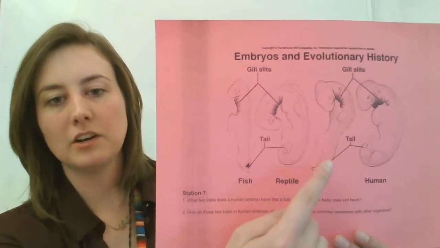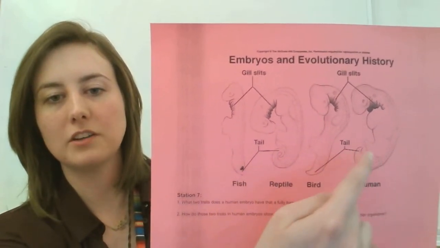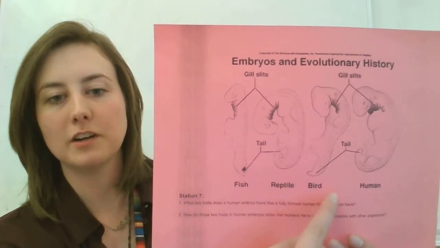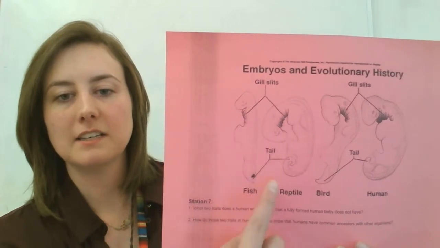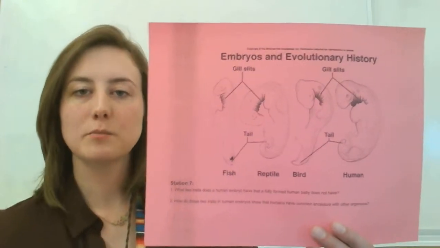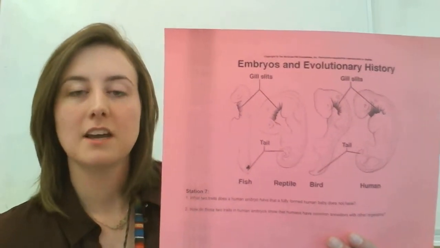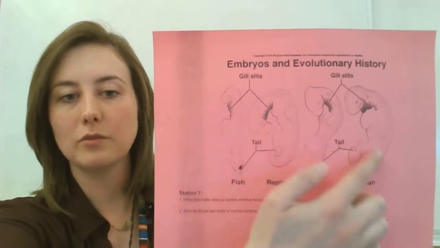Some of the similarities between animals of all these species, even though the animals are very different: as embryos, they've got gill slits and tails. That's more evidence for evolution because it shows that we all came from a common ancestor. All these animals, they had a common ancestor. I'm going to show you that cladogram again.